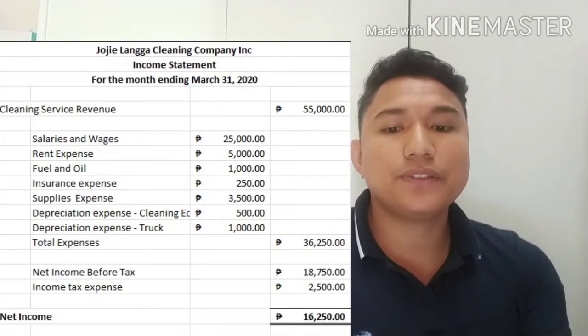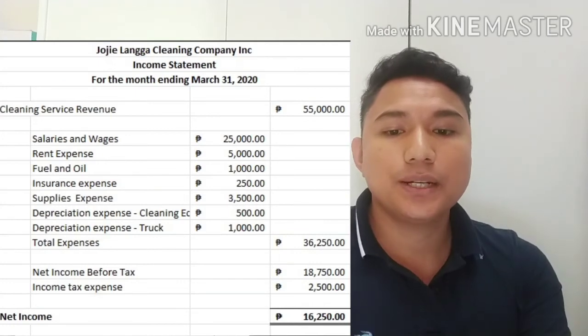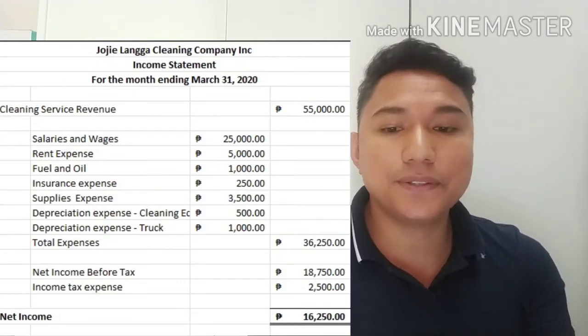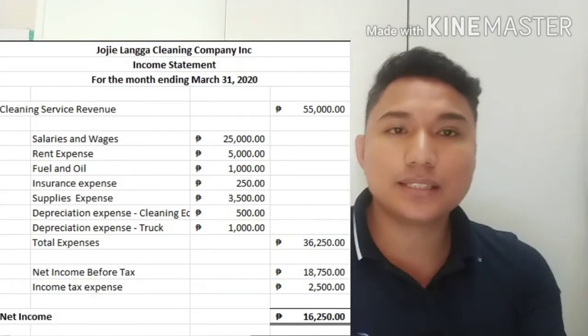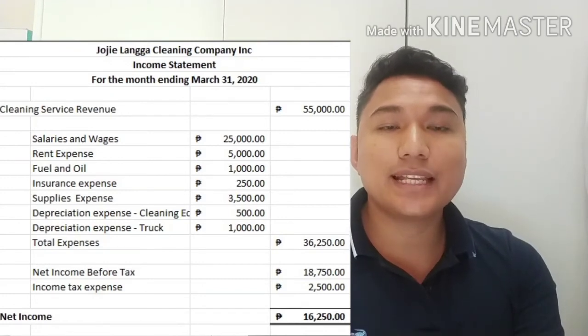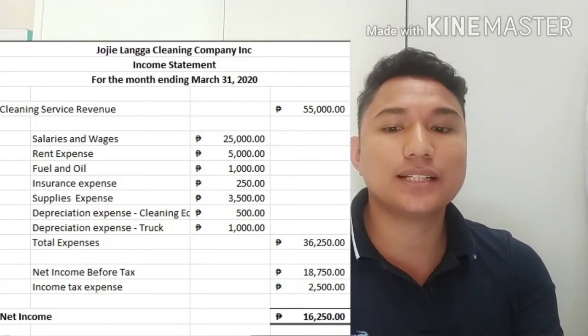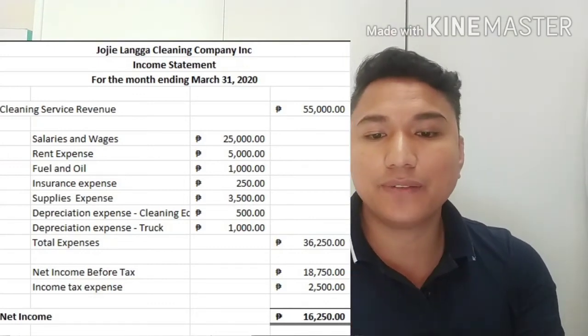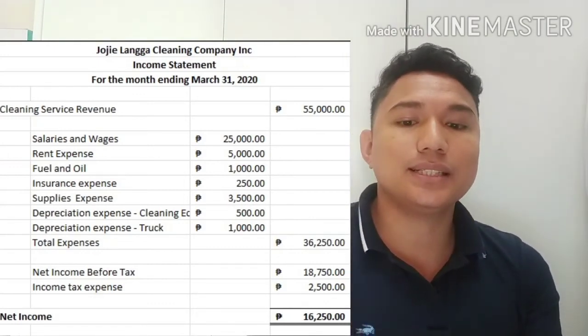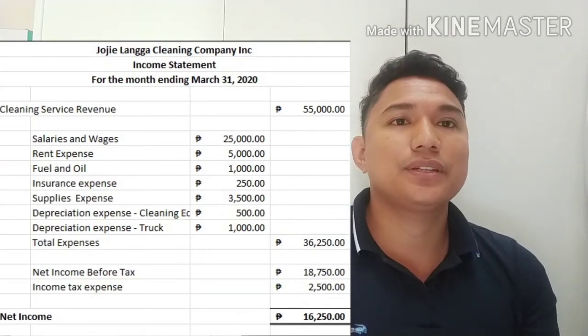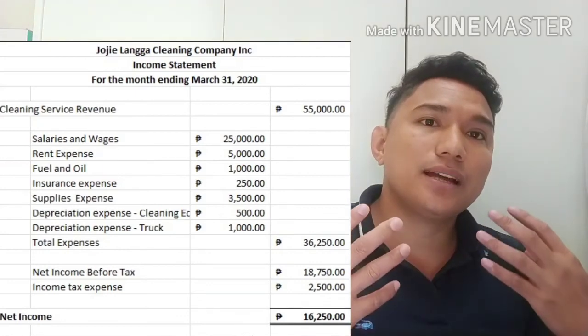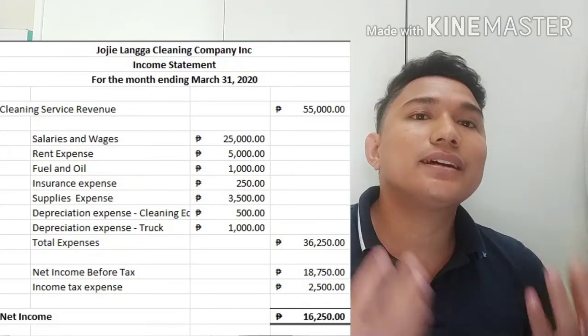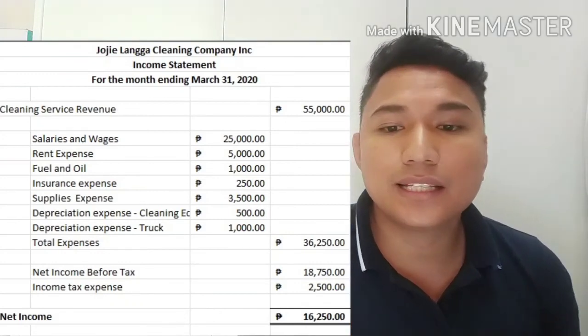So 55,000 revenue less 36,250 expenses, we have a net income before tax of 18,750. So we're going to less the tax of 2,500. We have a net income of 16,250.